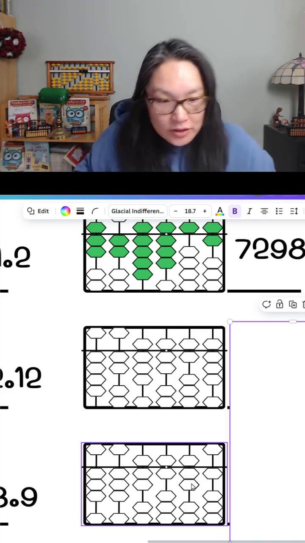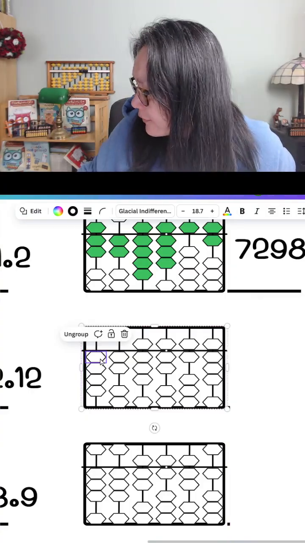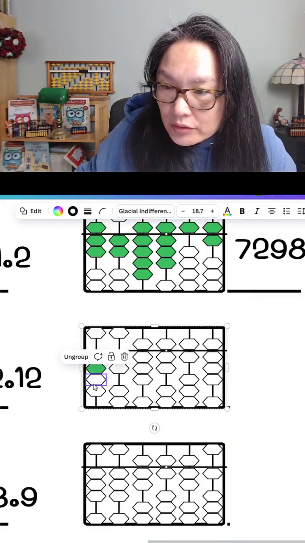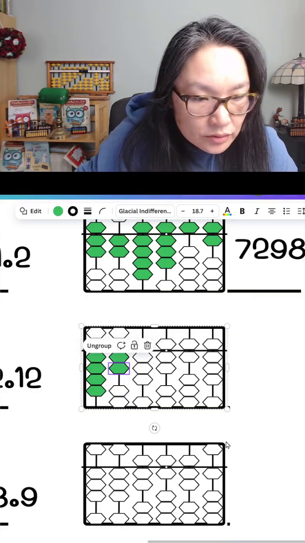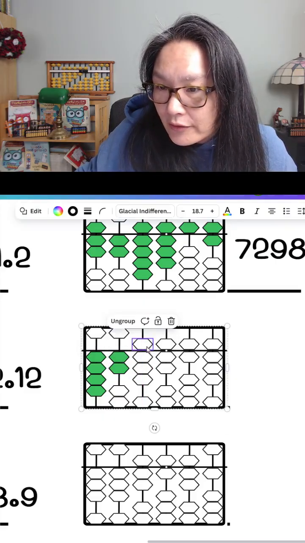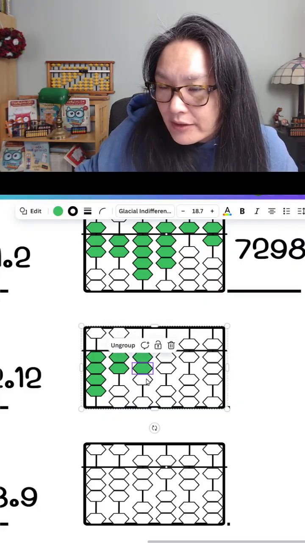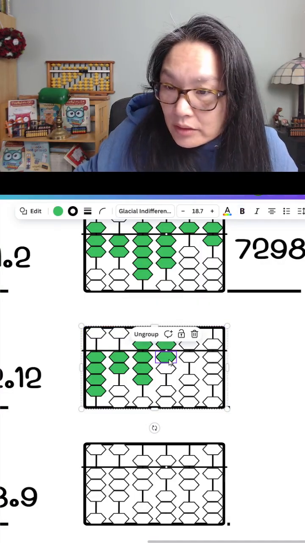Okay, so ingresos. Let's see. So we have 4, 1, 2, 3, 4, 2, and then 8. We have 5, 6, 7, 8, and then 7. 1, 2, 3.